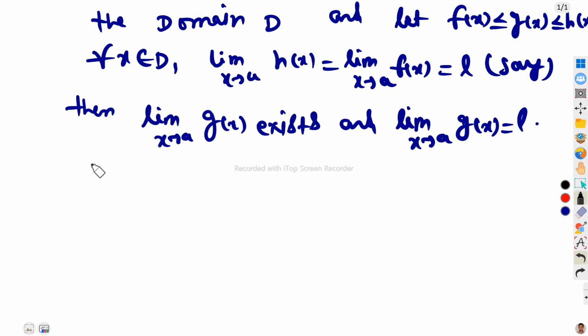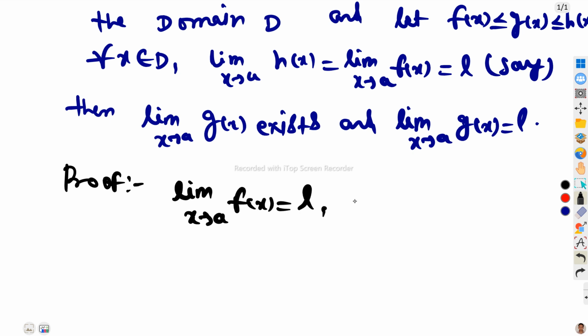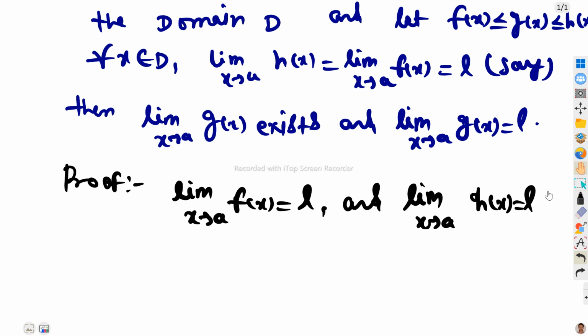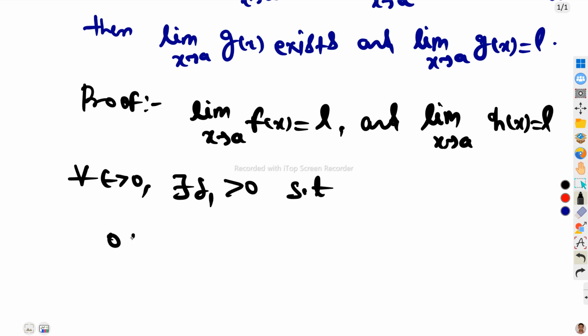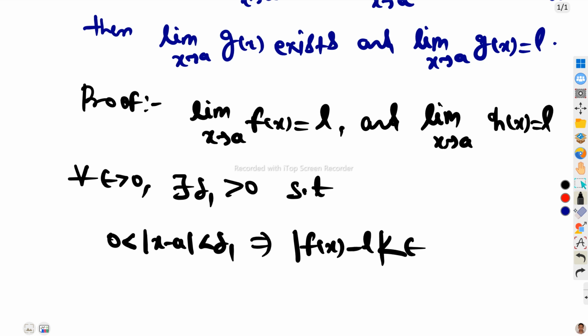Proof. Since the limit as x tends to a of f(x) equals L, and the limit as x tends to a of h(x) equals L, as given, by definition, for every epsilon greater than 0, there exists delta 1 greater than 0 such that 0 is less than mod of x minus a less than delta 1 implies mod of f(x) minus L is less than epsilon.